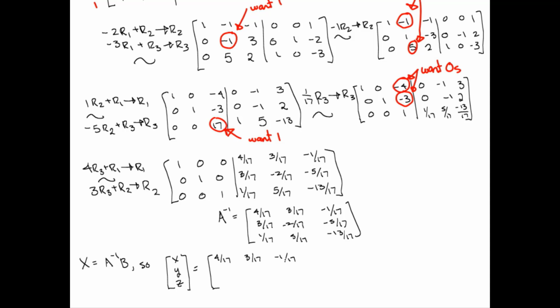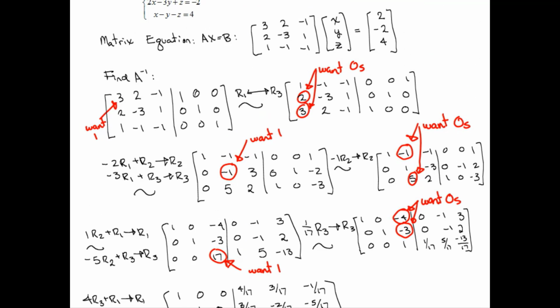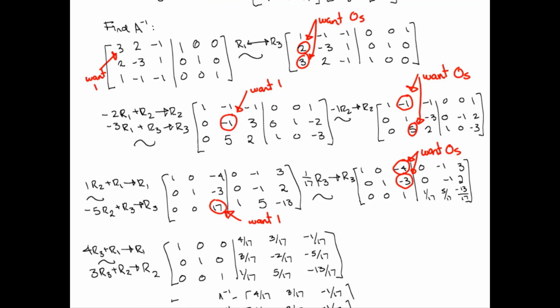Sorry, yes, we're writing it again. Times my right-hand side, and so now we need to go back up here and remember what we had before. See that column matrix with the 2, -2, 4? That's what we've got.